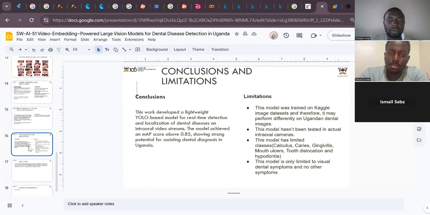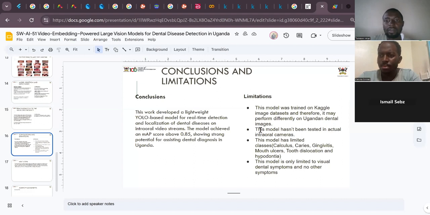Then the conclusions: we were able to develop the lightweight model. We trained it and we tested it. And here are some limitations. We trained it basing on the Kaggle images, but not actually Ugandan images, so it may perform differently when it handles Ugandan images.